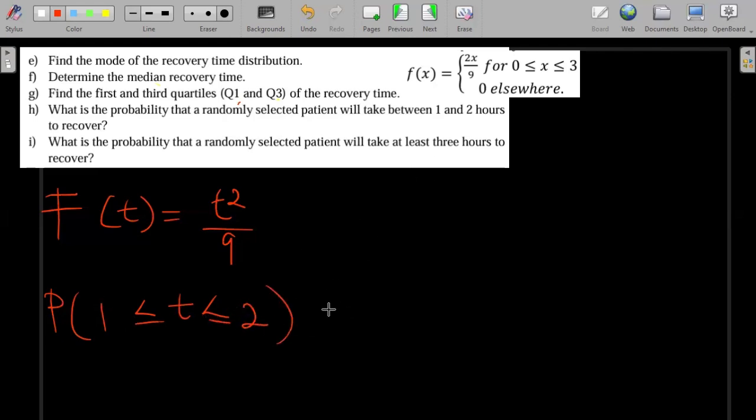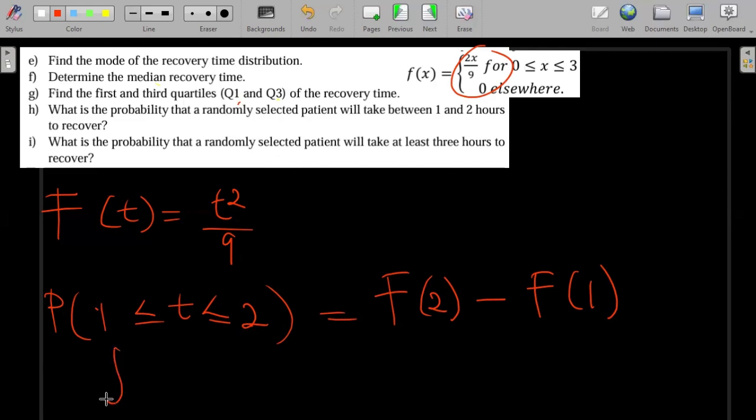This is the same as F of 2 minus F of 1. But if you want, you can just integrate the function you've been given over the interval 1 to 2.